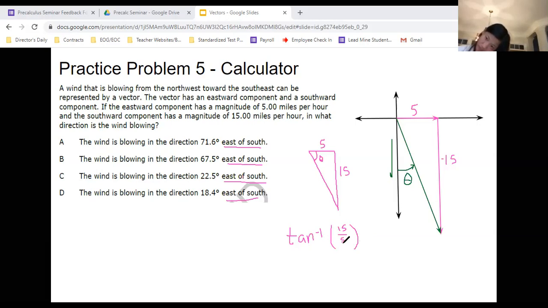Let me plug that into my calculator. I find that theta is 71, and we'll round that to 2 decimal places. So theta is 71.57 degrees right here.